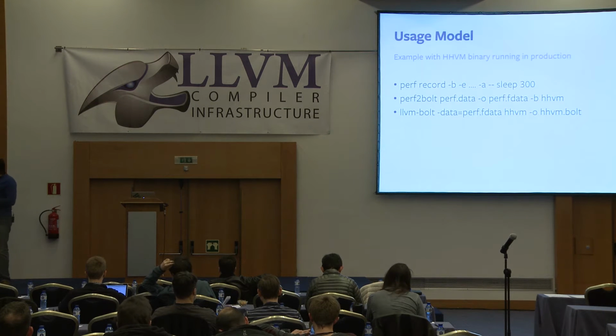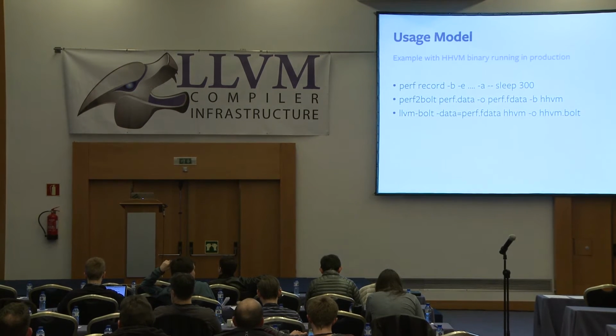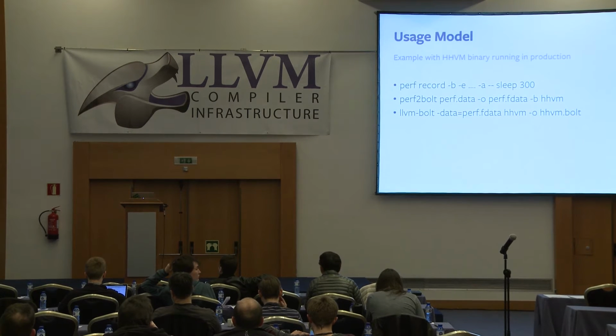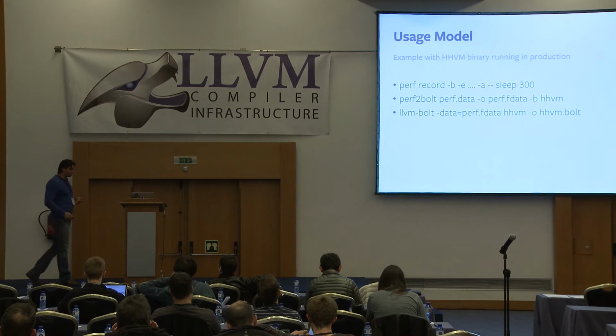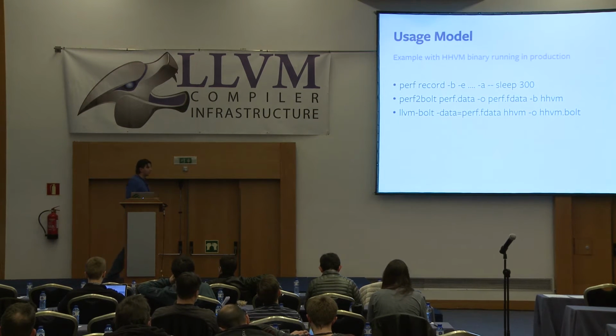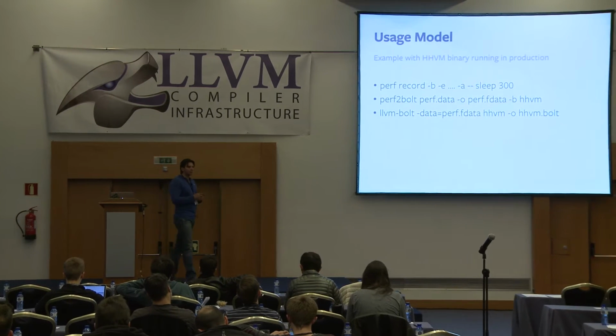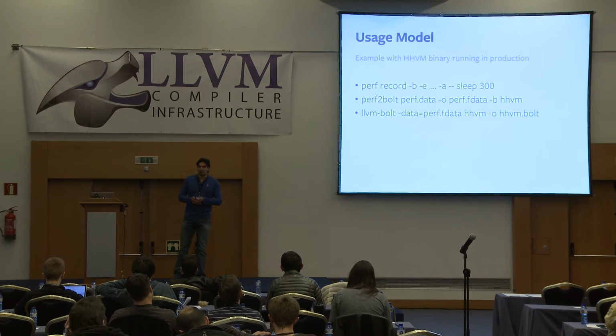You need this step because you don't want to use the exact same binary all the time. You want to reuse this data with the recompiled binary. Perhaps you modify the source code. And this step allows you to do this. So it converts the perf data into the data format that is more resilient to changes in the input binary.